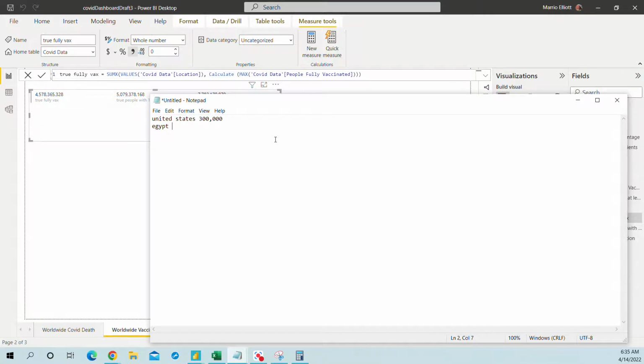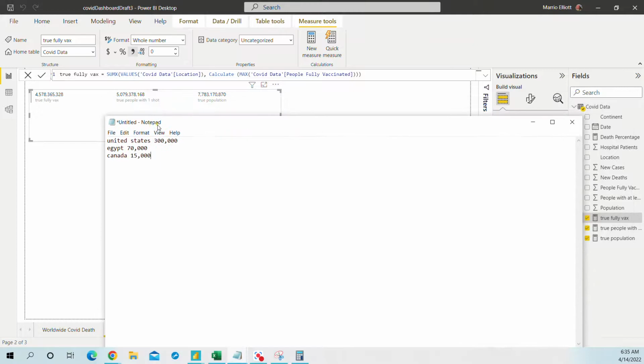We were just looking at Egypt, so that's the first thing that came to my mind. I think it was some low number, let's just say 70,000. I'm just making up numbers for an example. I'm sure all these numbers are wrong. Then we do Canada, and let's just say 15,000. Then the SUMX will take all those values and add them up, and that's where we're getting our numbers now.